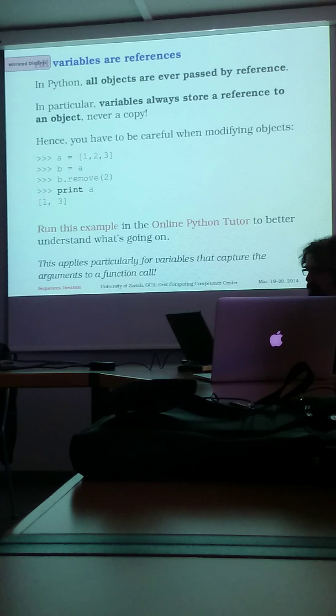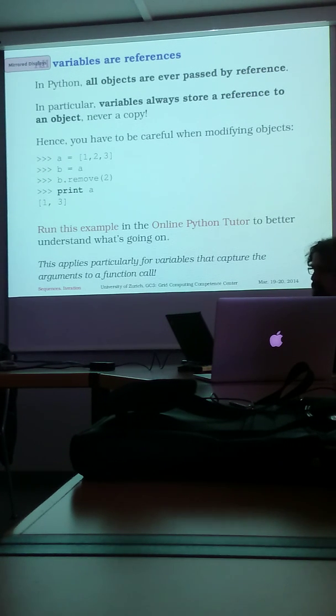This is really important to remember because when you call a function and you pass a list to the function, for instance, and I've seen some of you make this mistake, you modify the list, the argument passed to the function. So you were actually modifying the same object the caller was using as a parameter for the function.